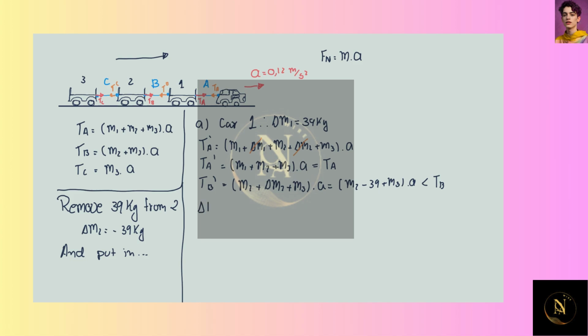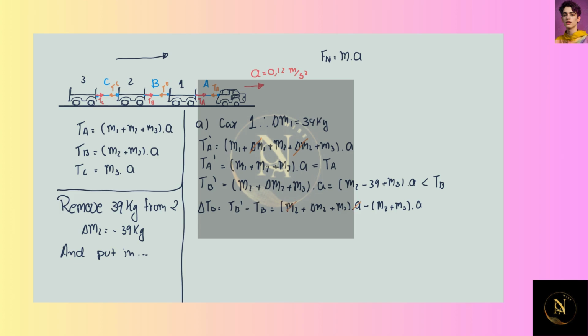Then we can calculate the difference between the original tension and the tension right now. So the variation in the tension B is given by the tension B now minus the tension B before. And it is M2 plus delta M2 plus M3 times A minus M2 plus M3 times A. You can see that a lot of terms will cancel.